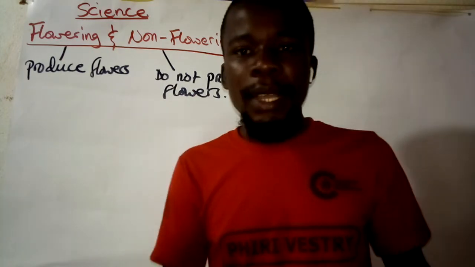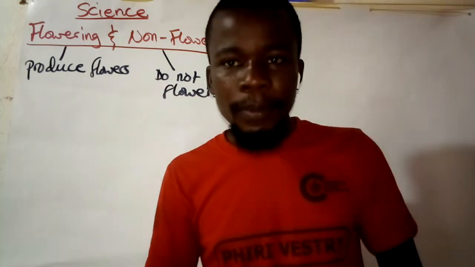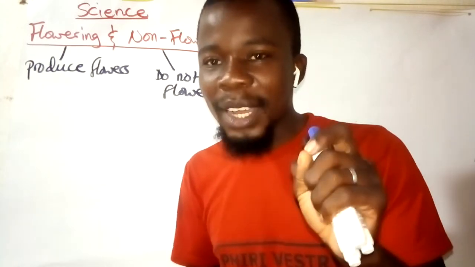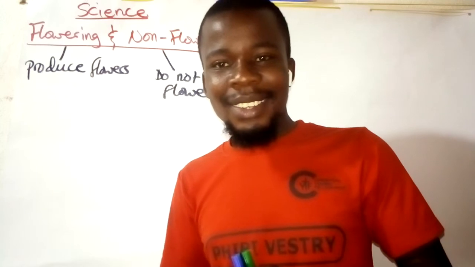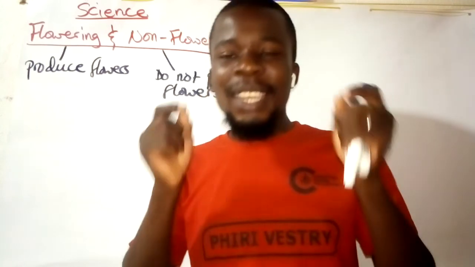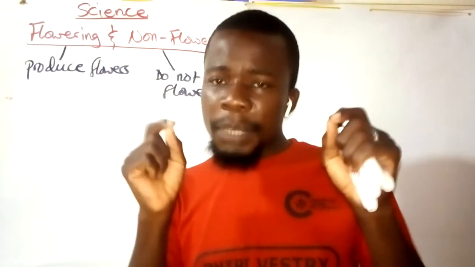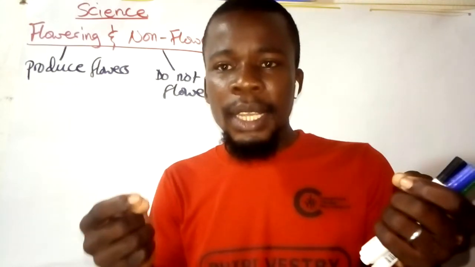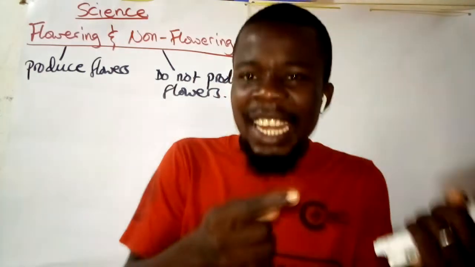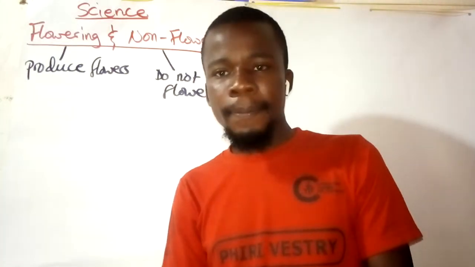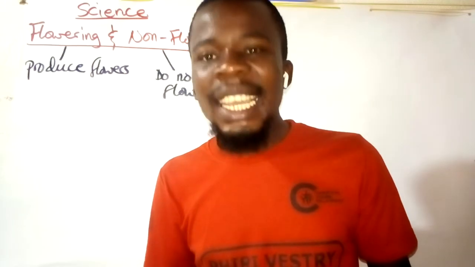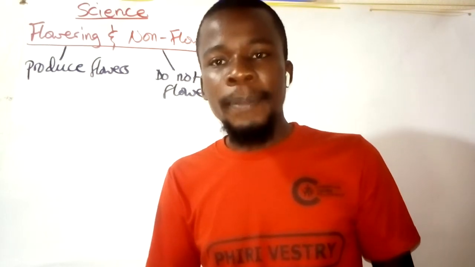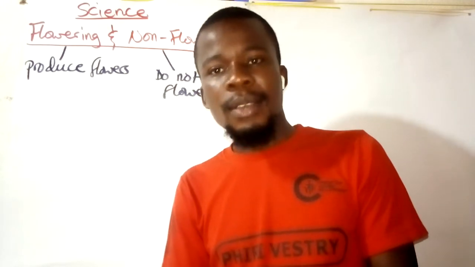Examples of non-flowering plants are mushroom. A mushroom is a plant, but have you ever seen a flower of a mushroom? No. So a mushroom does not produce flowers, so because a mushroom does not produce flowers, it is a non-flowering plant. Algae do not produce flowers.